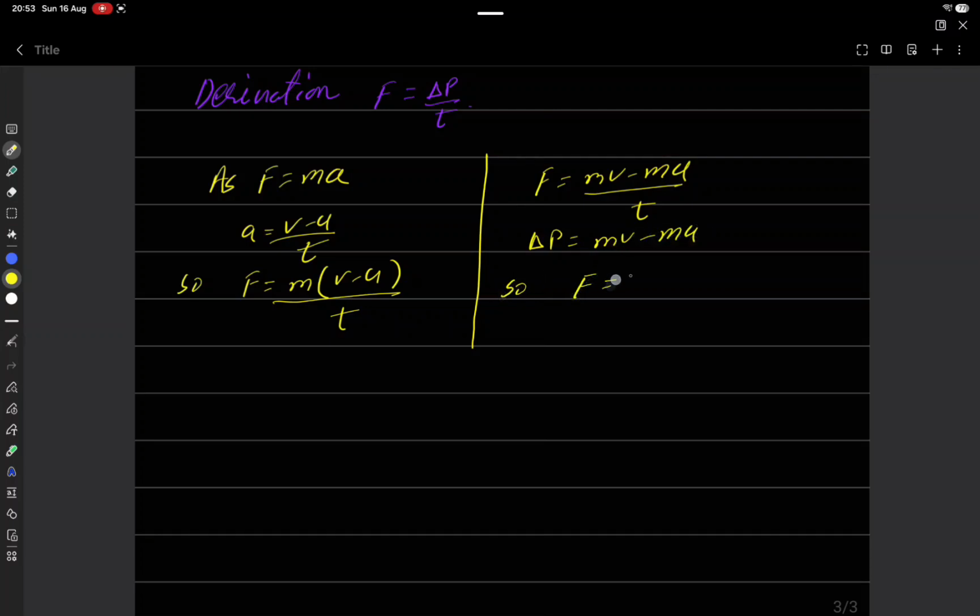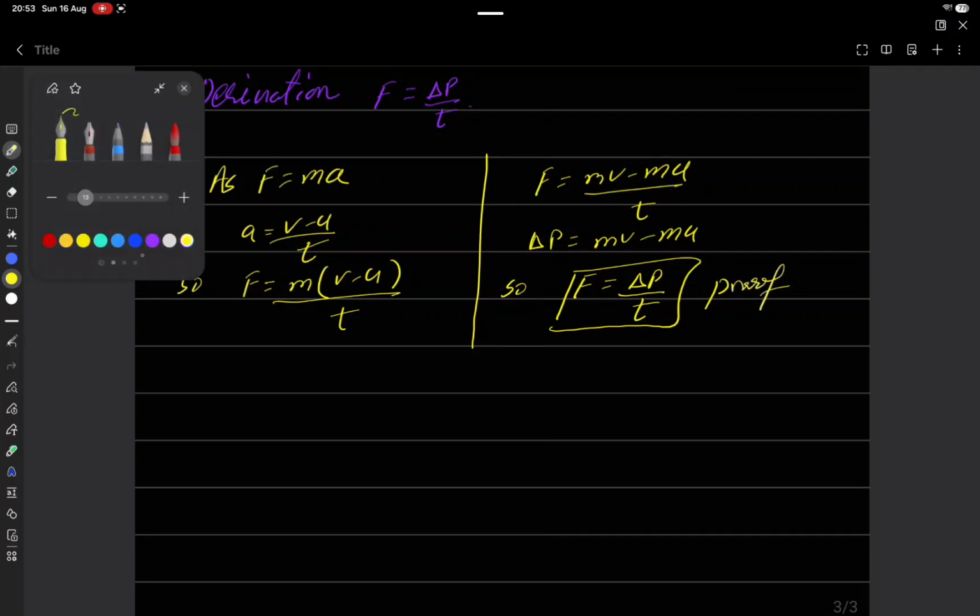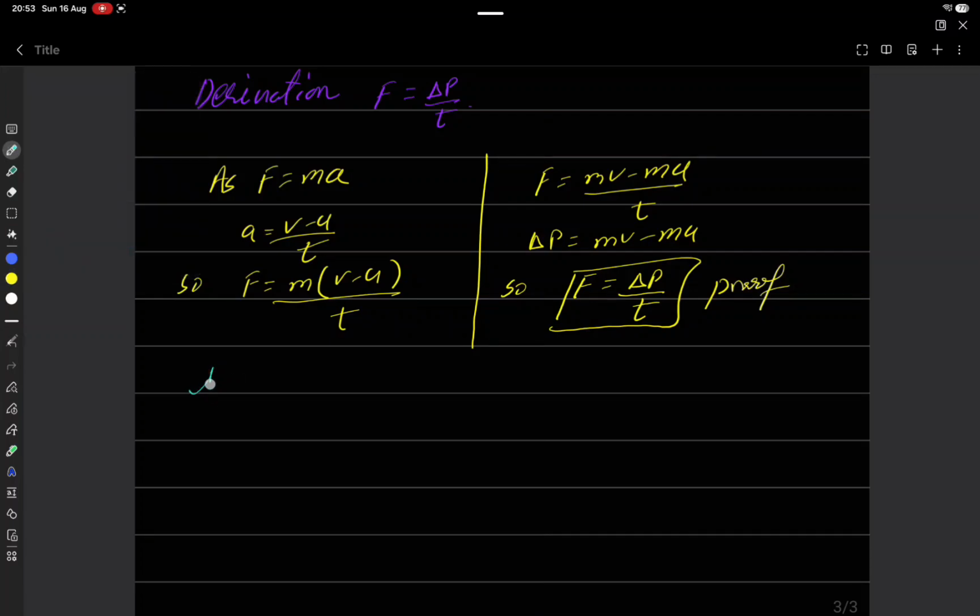So F is equal to delta P divided by T. Proof of Newton's second law of motion.